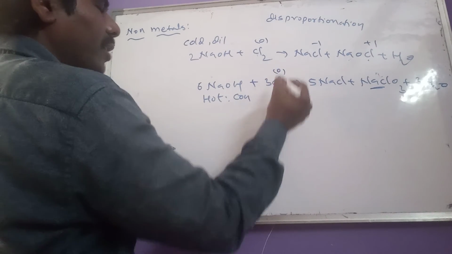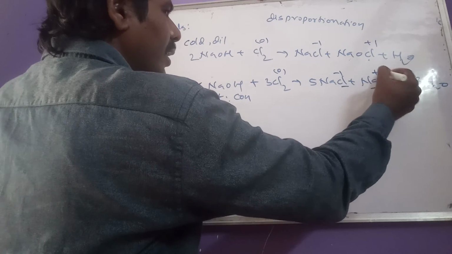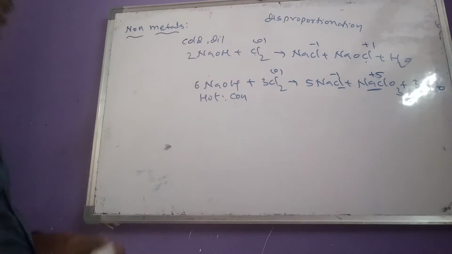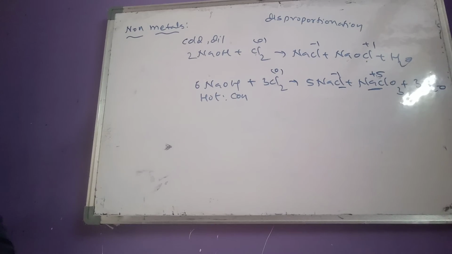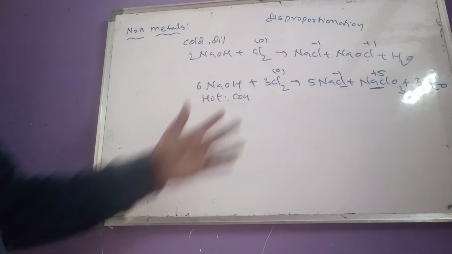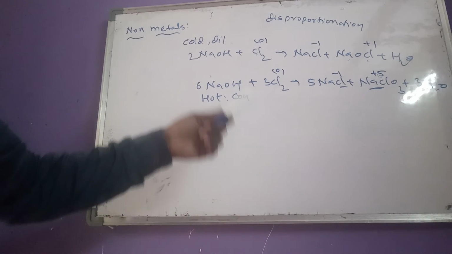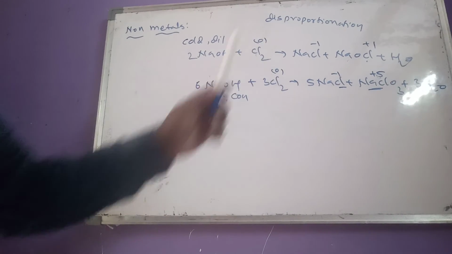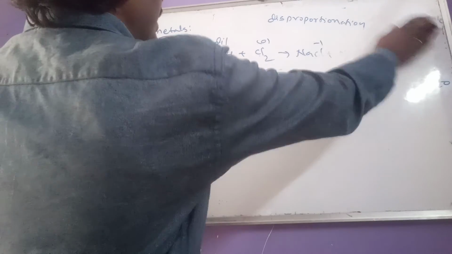Here also the oxidation number changes from 0 to -1 and 0 to +5. That means it is also an example of a disproportionation reaction. So like that, except fluorine, the remaining halogens like chlorine or bromine will give products like this with NaOH. This is the reaction of NaOH with non-metals.